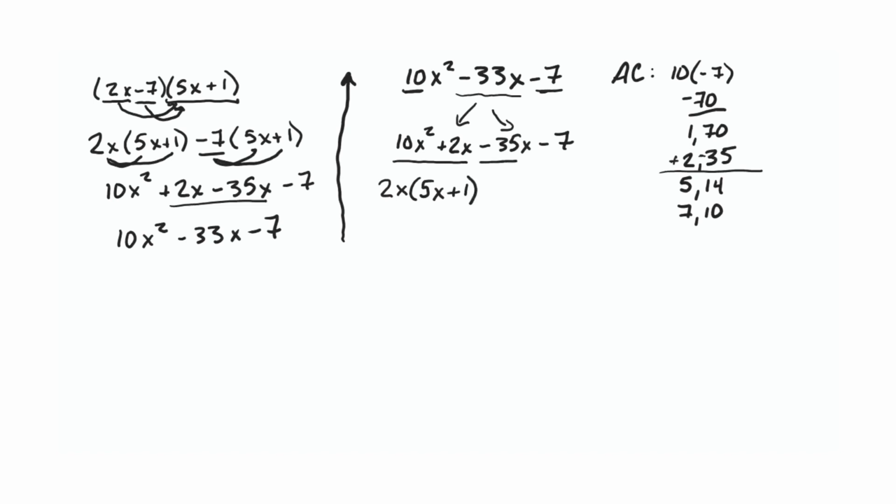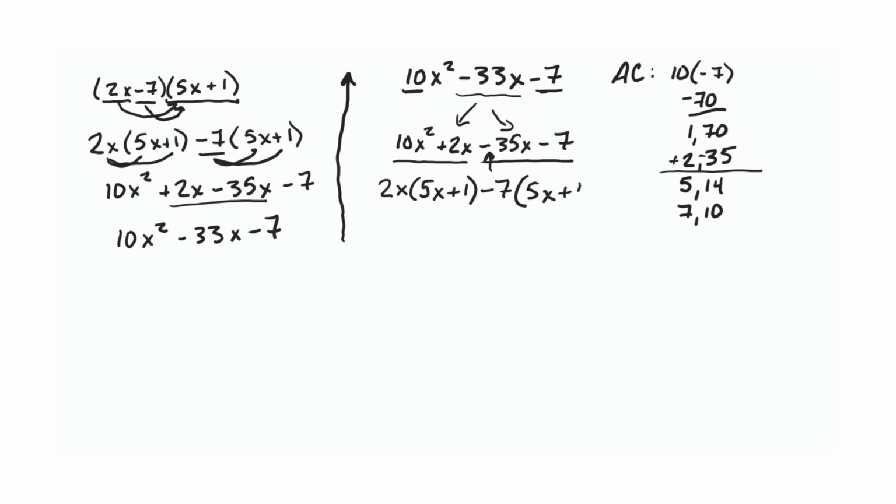Now we're going to look at the next 2 terms, and we say, what do those have in common? They have a 7 in common. But more specifically, because this third term is negative, we have to factor out a negative number. So what is negative 35x divided by negative 7? 5x. And what is negative 7 divided by negative 7?